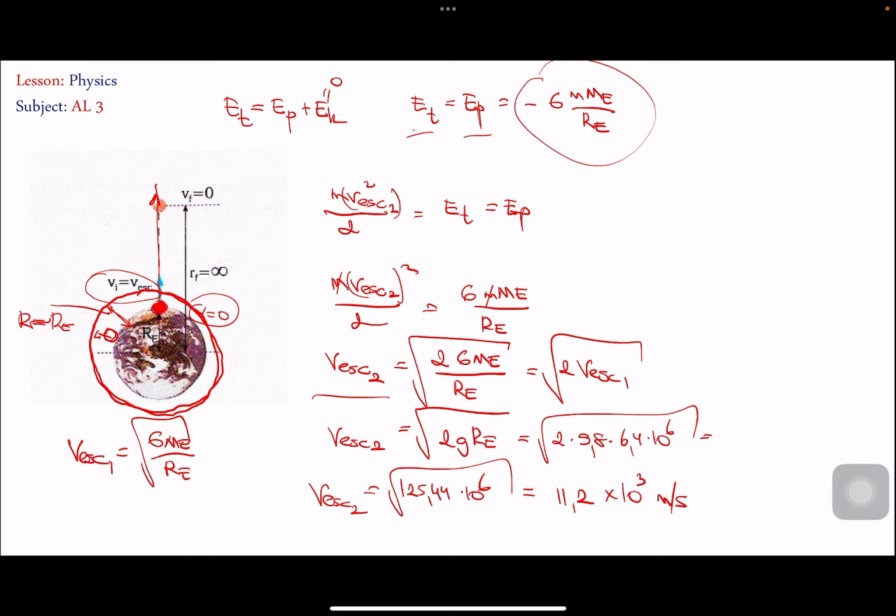I can also write it in kilometers: 11.2 kilometers per second is the escape speed that you have to give to an object placed on the surface of Earth to escape from its gravity and go to infinity. So that's the only difference between escape speed 1 and escape speed 2.